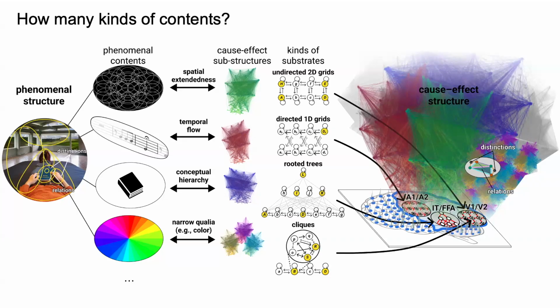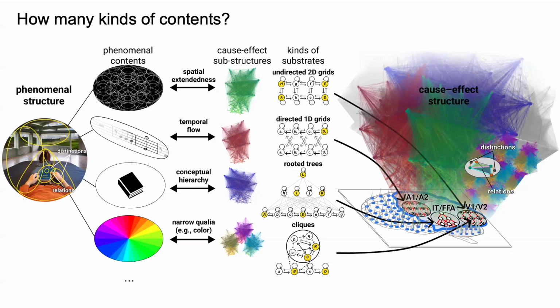The hypothesis is that undirected 2D grids contribute what we call extensions, which correspond to spatial extendedness. Directed 1D grids unfold into temporal flow, which corresponds to the flow of time. Routed trees can account for the recognition of objects, which would be located in space and connected to narrow qualia such as color, but bind a particular set of features with a general feeling that this is a face.